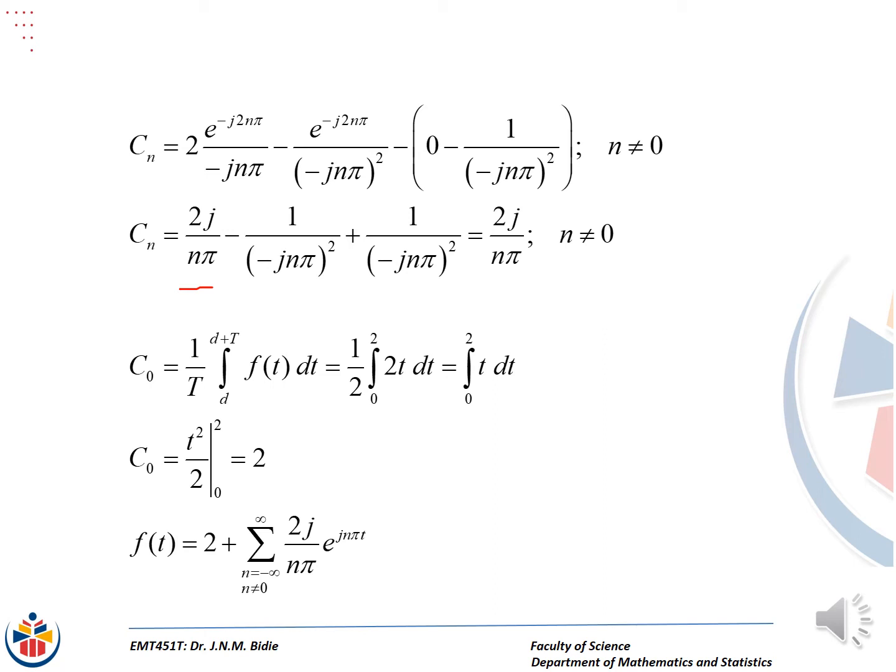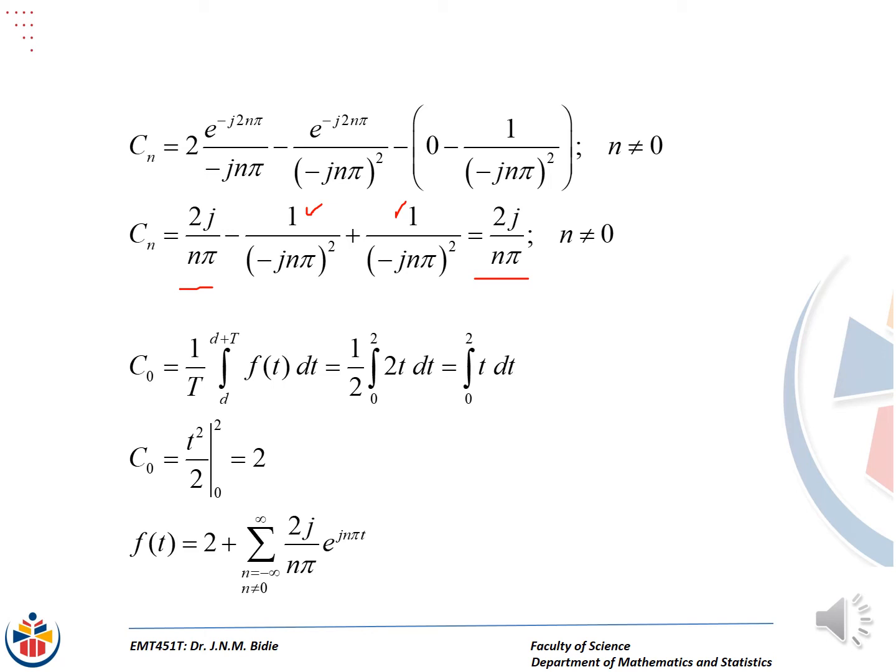The next term, we have 1 in place of that exponential function, and then plus the last term. And then those two cancel each other out, leaving us with 2j over n pi, for n not equal to 0.